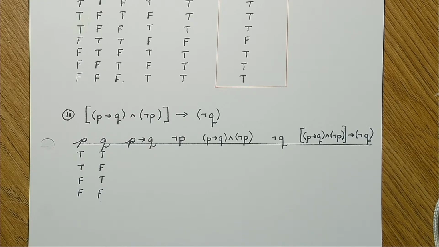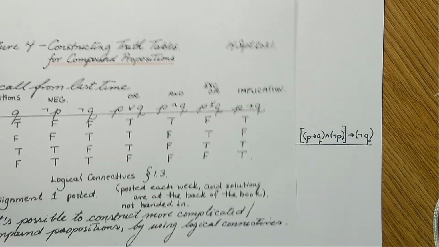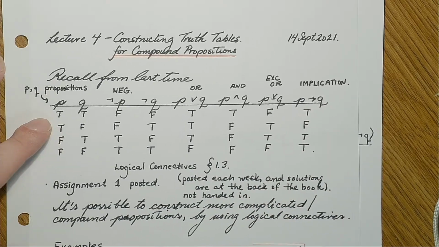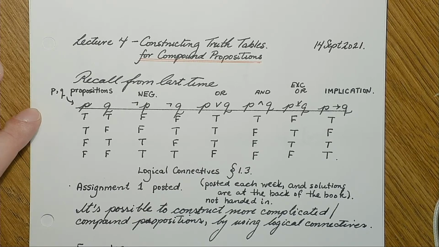What is implication? The implication is what we did here. So there's the implication. This is the truth table that we did. What is implication? Poison ivy.